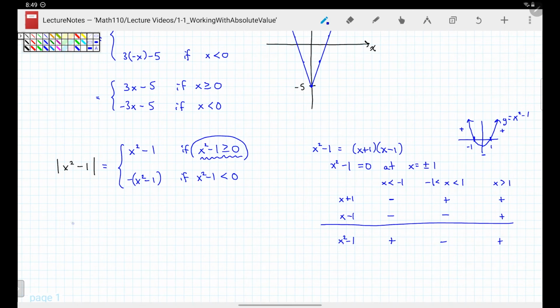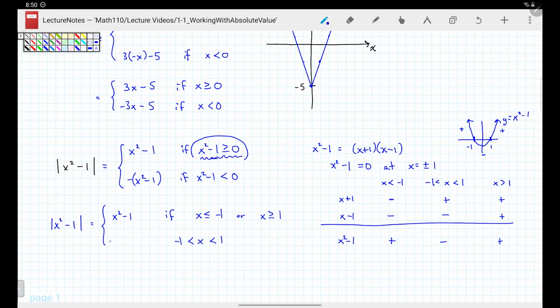So the absolute value of x squared minus 1 is equal to, well, if x is less than or equal to negative 1, or x is greater than or equal to positive 1, then we're in the situation where x squared minus 1 is positive, so the output is x squared minus 1. And the point where x squared minus 1 is less than 0 is the same as x is between negative 1 and 1.